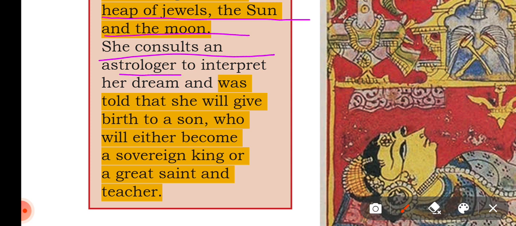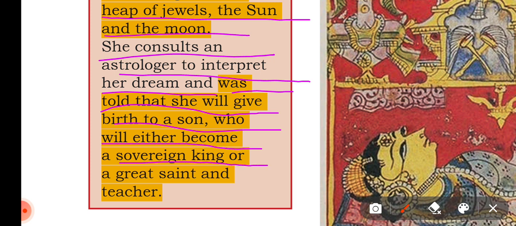She consulted an astrologer to interpret her dreams and was told that she will give birth to a son who will either become a sovereign king or a great saint and teacher.